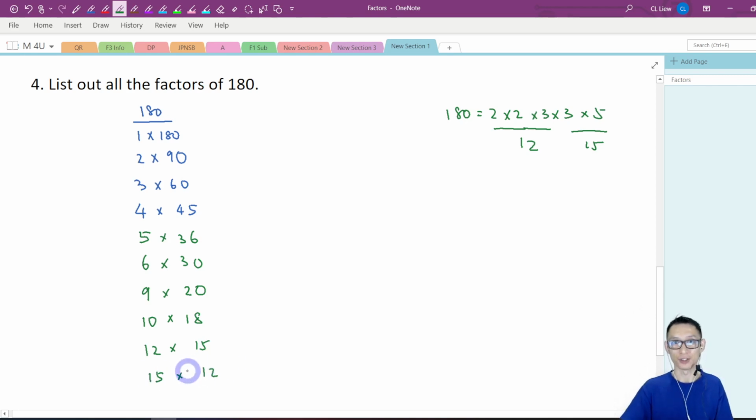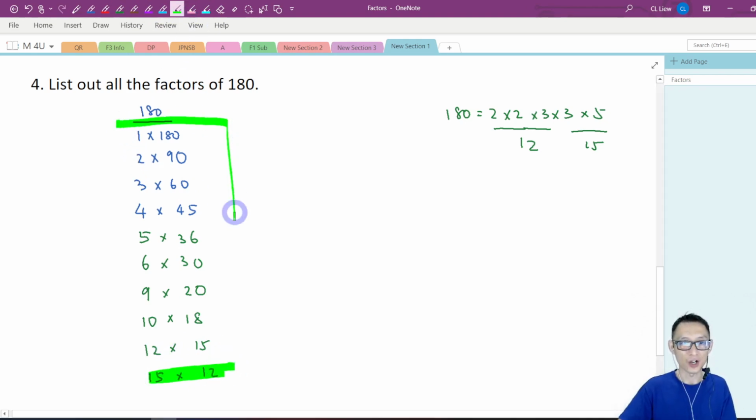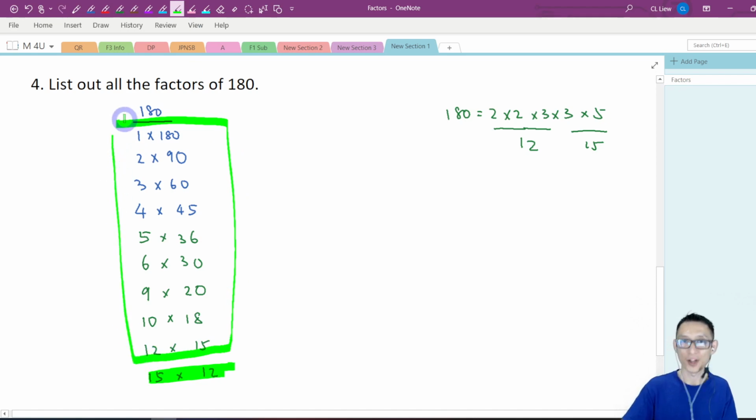Now it repeats. Once you see this situation, it's already repeating the same thing, so you don't have to think anymore. These are all the factors of 180. Okay, let me double check. That's all the factors of 180.